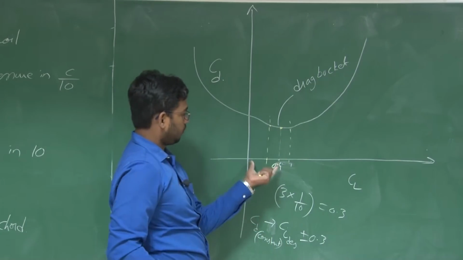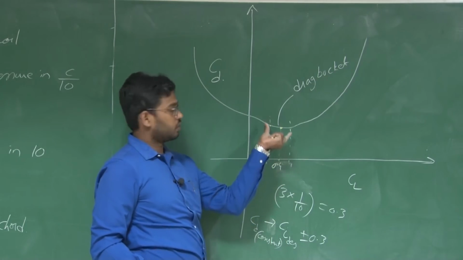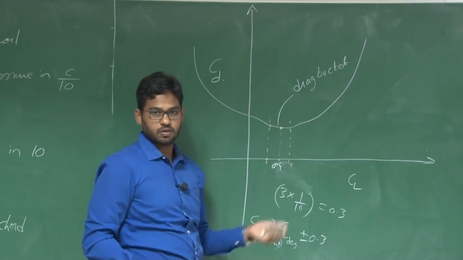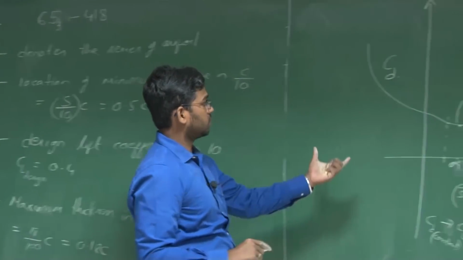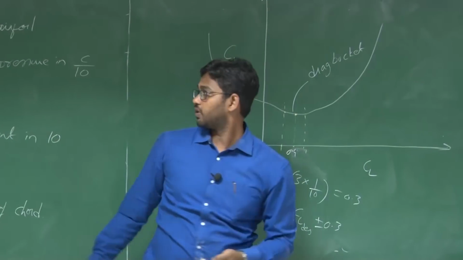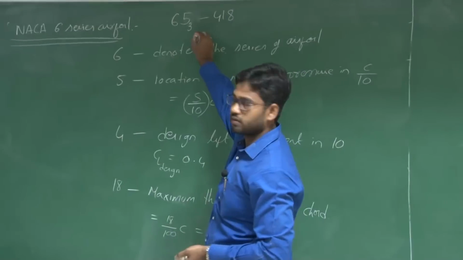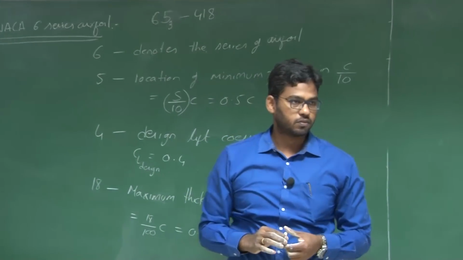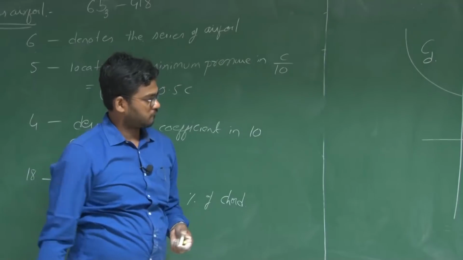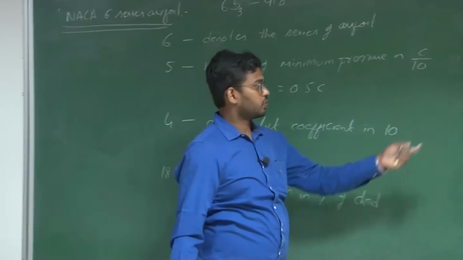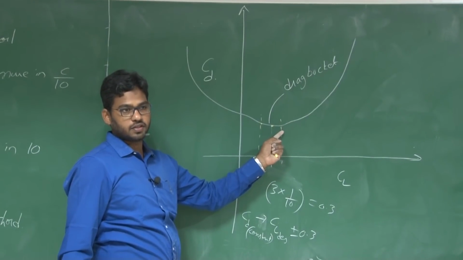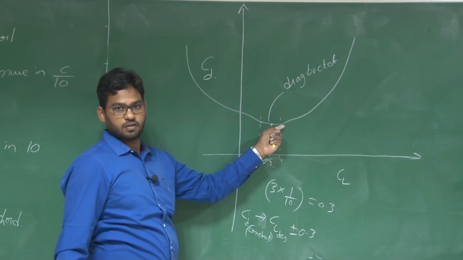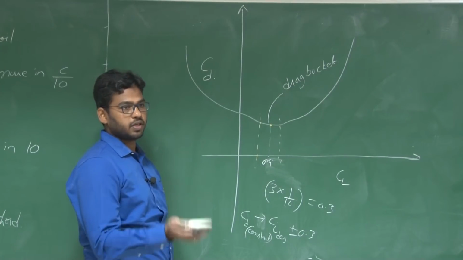So from 0.1 to 0.7 of CL, the CD almost remains constant for this particular airfoil. So this is the significance of this particular digit. Don't you find it interesting? You can increase L by D without increasing the drag. That means you can trim at higher angles of attack.